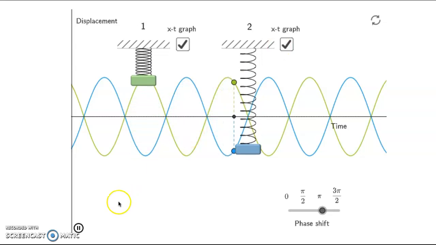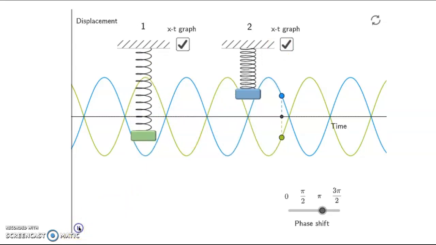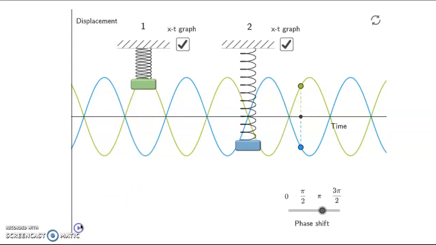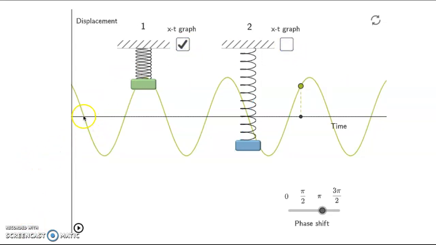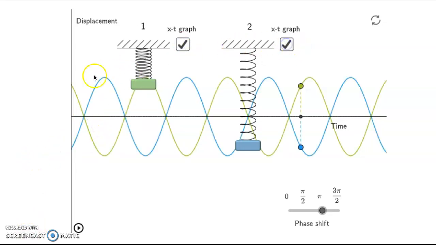So let's have a look at that graph to try and figure out how we measure that phase difference. What is the difference in their path? Well, as you can see, when the green one is at 0 displacement, the blue one is at 0 displacement too, but it's coming in from a different direction.